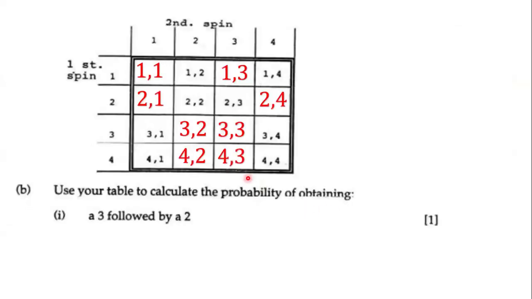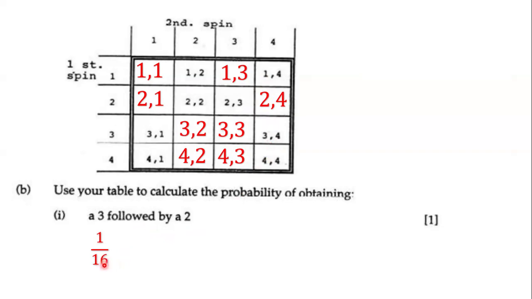Now let's use this table. It says use your table to calculate the probability of obtaining a 3 followed by a 2. Okay, so what is that probability, right? A 3 followed by a 2. Well, how many possible outcomes do we have? We have 1, 2, 3, 4, 5, 6, 7, 8, 9, 10, 11, 12, 13, 14, 15, and 16. So there are 16 possible outcomes.